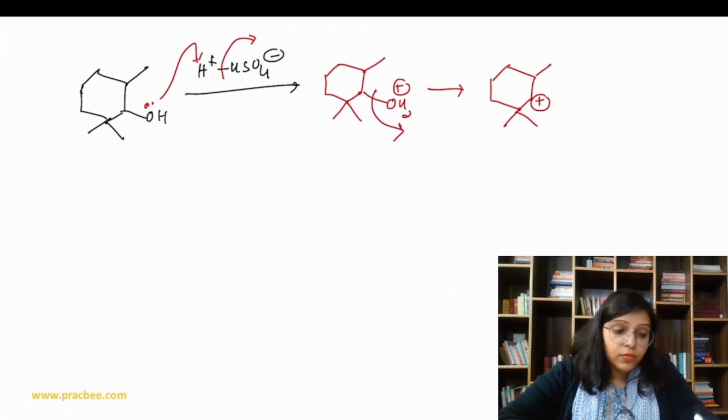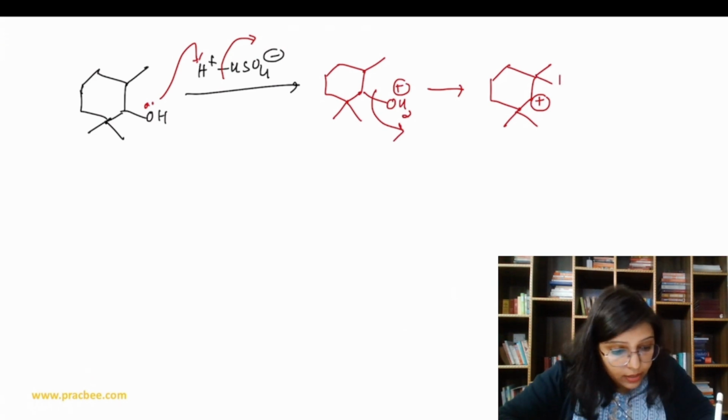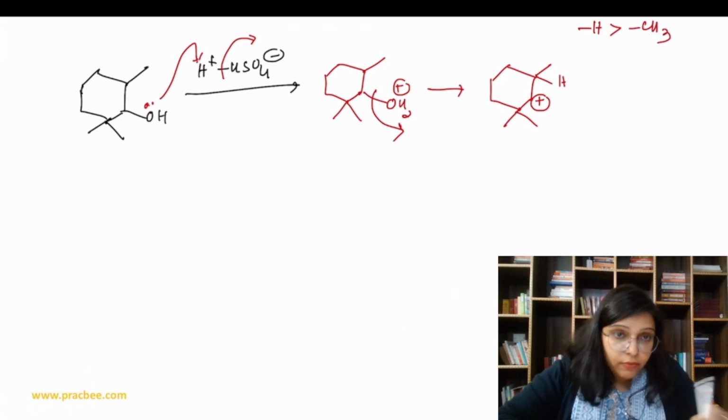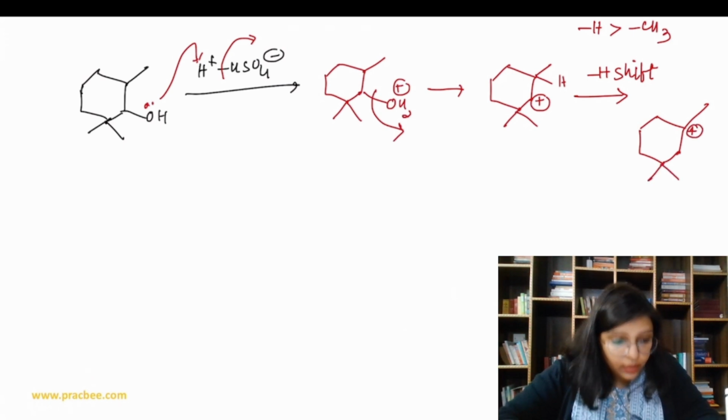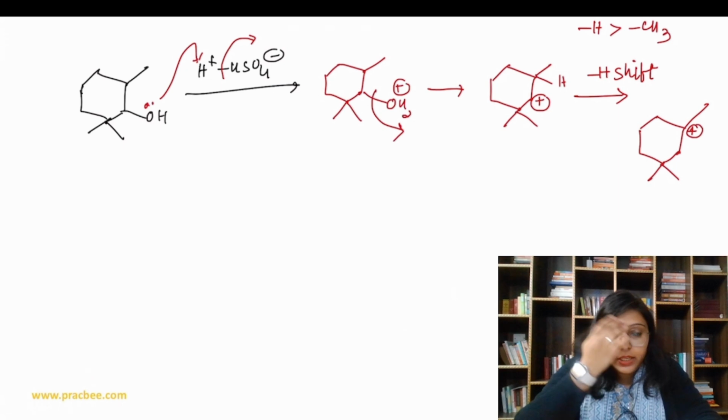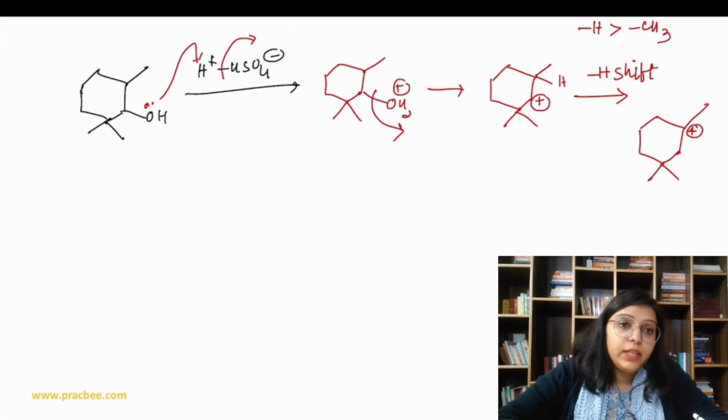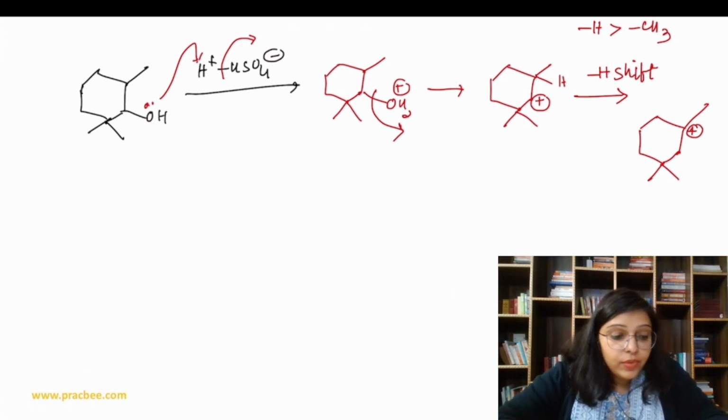So here we are going to do two things. Hydride shift is faster than methyl shift. If we do a hydride shift, we get this 3 degree carbocation, right? Now we have beta hydrogens.